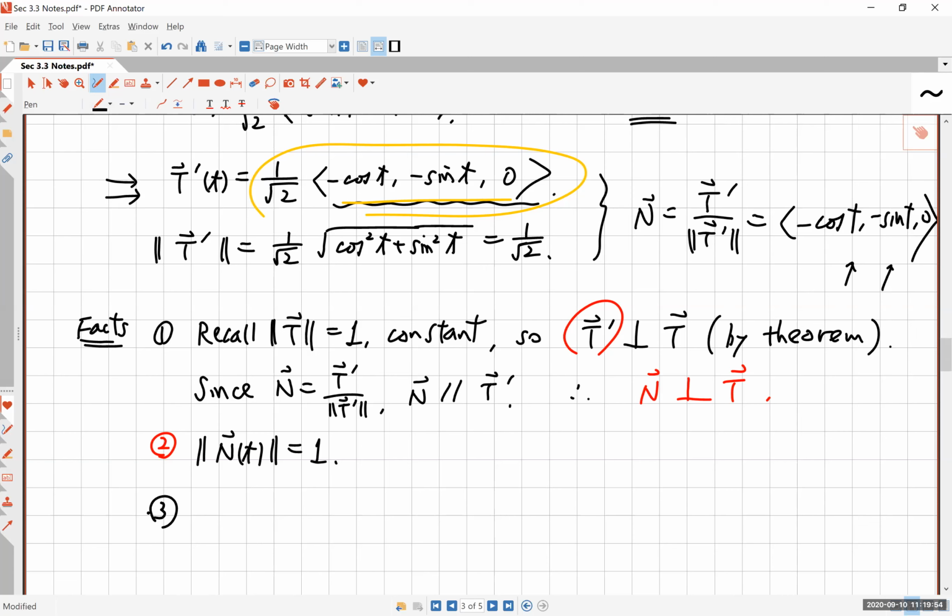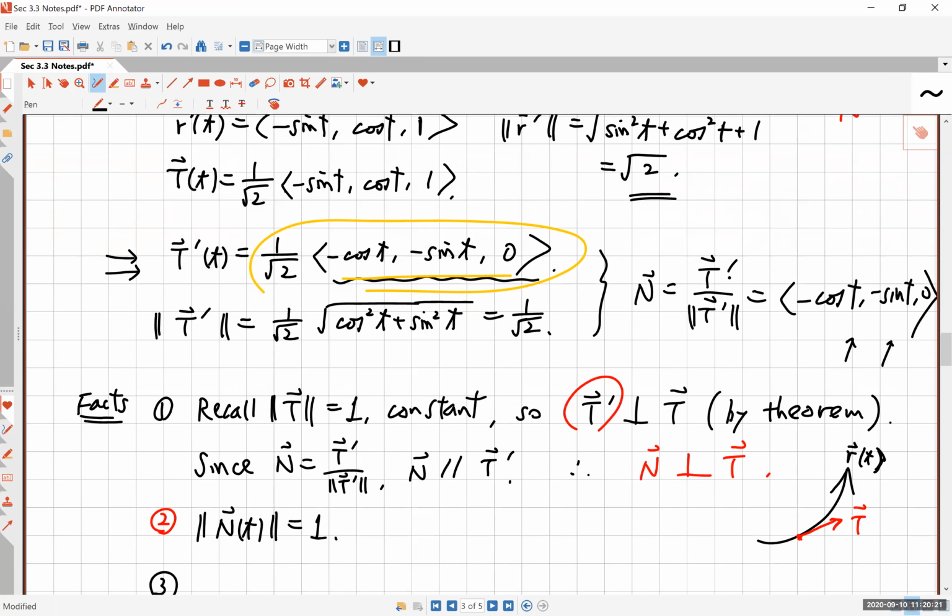If you have a motion like this, T is your unit tangent vector. It is the unit vector in the direction of the motion at that particular point, and it's tangent to the motion. In this example, this is r of t. Now look at what N is.